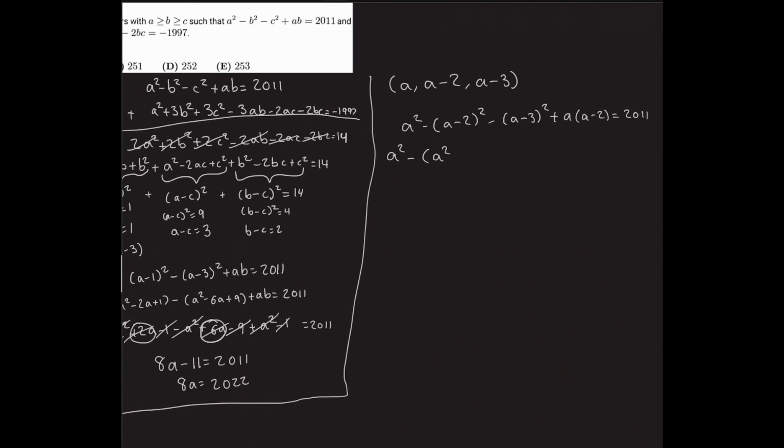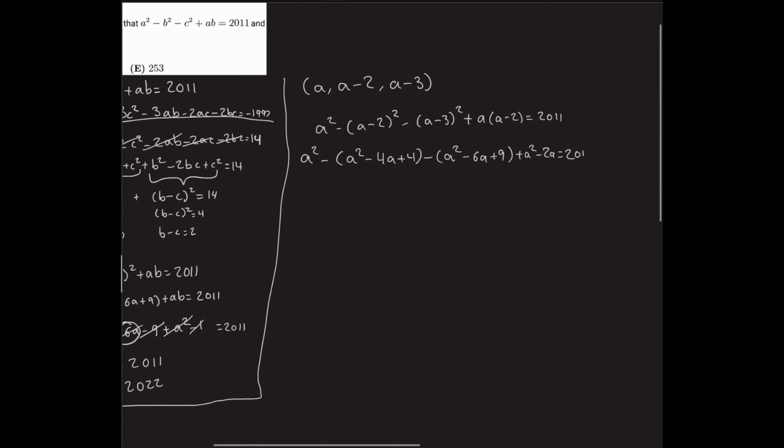A squared minus the quantity of a squared minus 4a plus 4, minus a squared minus 6a plus 9, plus a squared minus 2a equals 2011. This gives us a squared minus a squared plus 4a minus 4 minus a squared plus 6a minus 9 plus a squared minus 2a equals 2011.